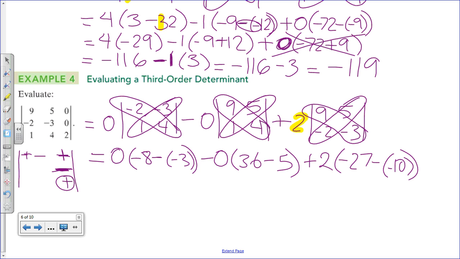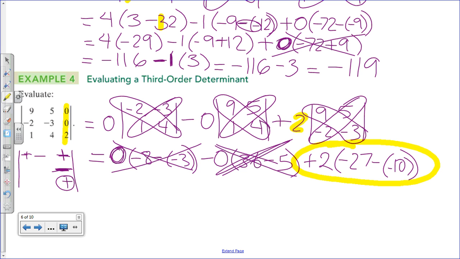Now, I'm not really going to bother finishing this product because they're going to be multiplied by 0, so they will end up being 0. Same with this one here. And remember, that was the whole reason why I selected my third column as my numerical factors. Now here, I do have to multiply that. So I will have positive 2 times negative 27 plus 10.